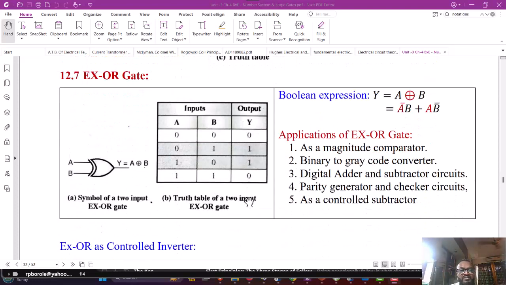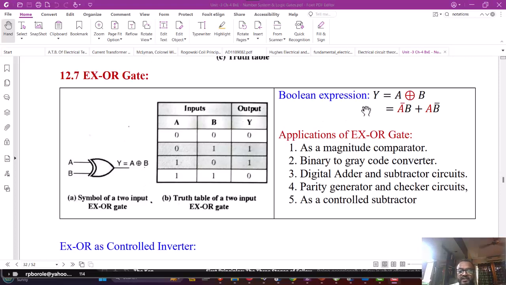Now let us have exclusive OR gate. The two input exclusive OR gate is shown here. Let us see the symbol. Here A and B are the input and Y is the output. The logical operation that takes place here is A exclusive OR B. This plus sign in a circle represents an exclusive OR operation.